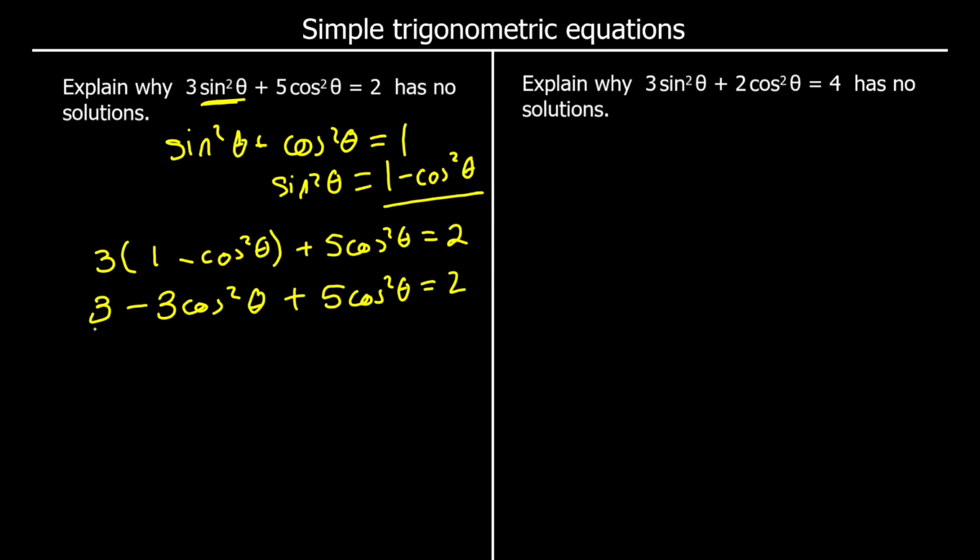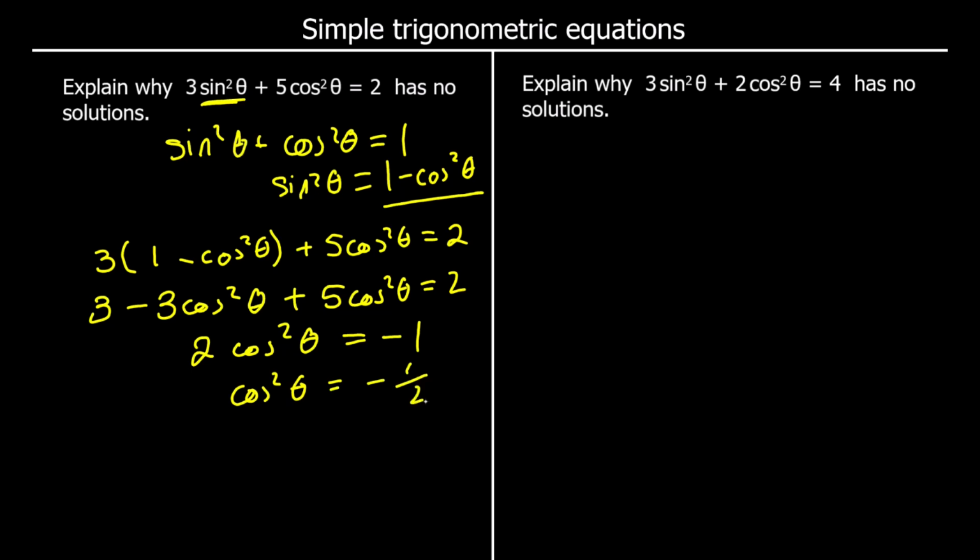And take 3 away from both sides and simplify the cos squared thetas. So we're going to get 2 cos squared theta equals -1. And then half both sides. So cos squared theta is -1/2.